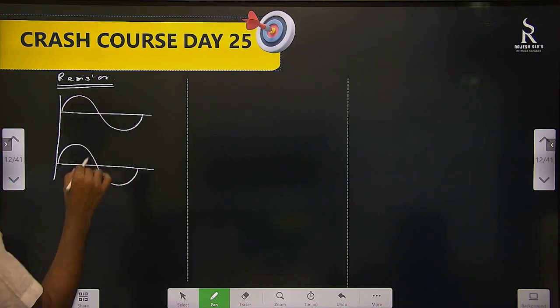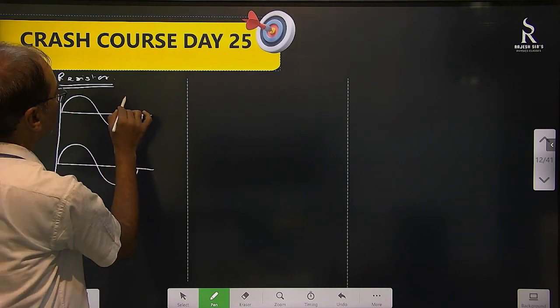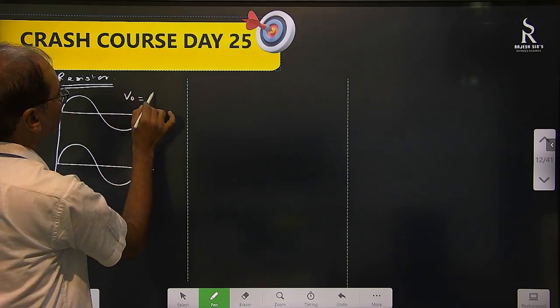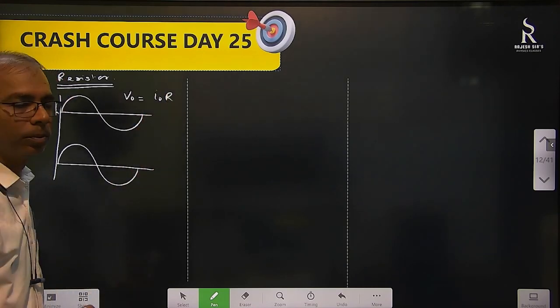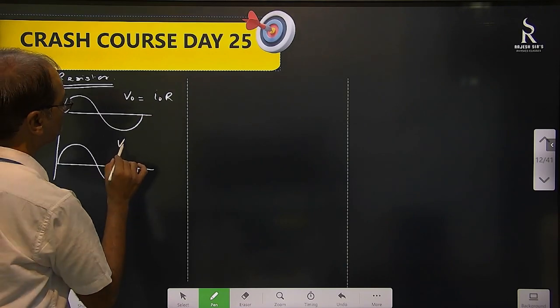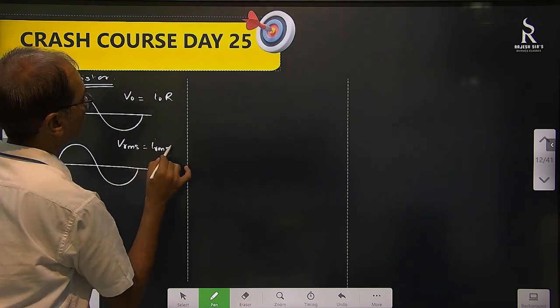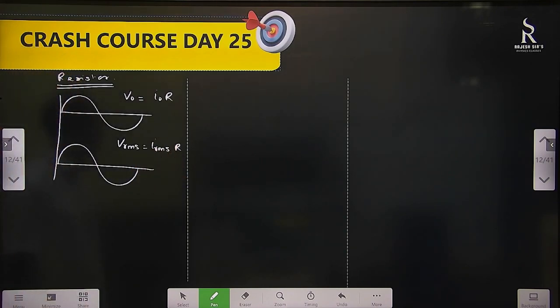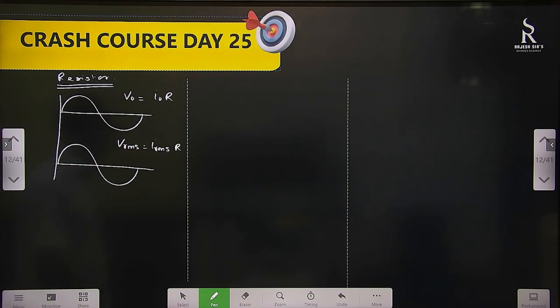Now what relation will be there, because only resistor is there? In this one we can say V naught will be equal to I naught R, where I naught is the maximum current. But VRMS will be IRMS into R. Simple. If the current is I naught, then V naught is this. If the current is IRMS, then we are going to get VRMS across.